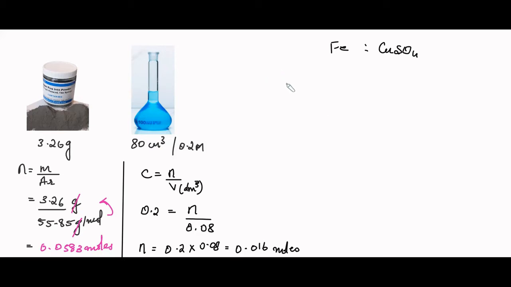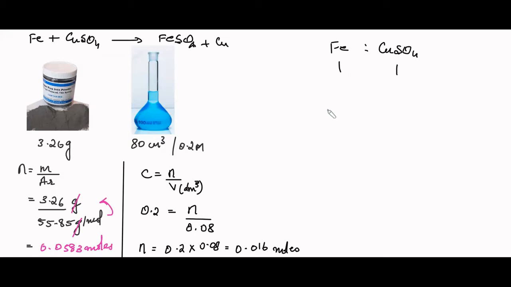So I'm rewriting it once again: Fe plus CuSO4 gives FeSO4 plus Cu, and it goes in the ratio 1:1. I get this from the balanced chemical equation.